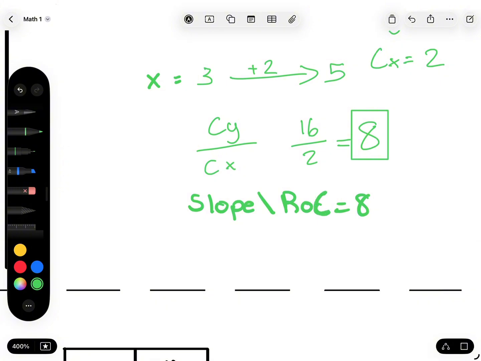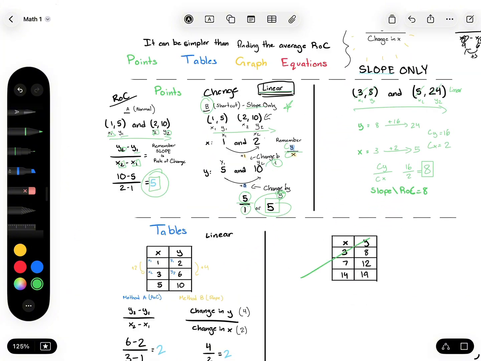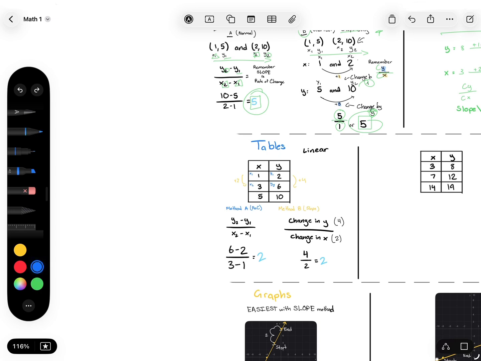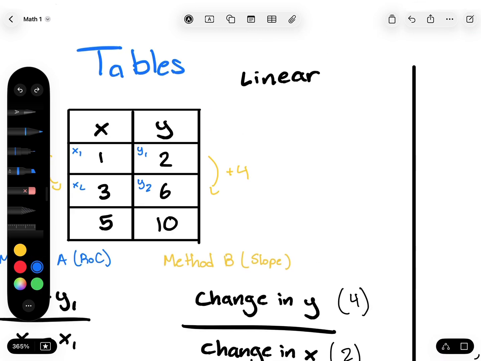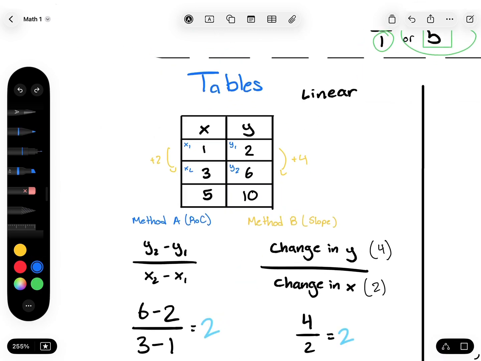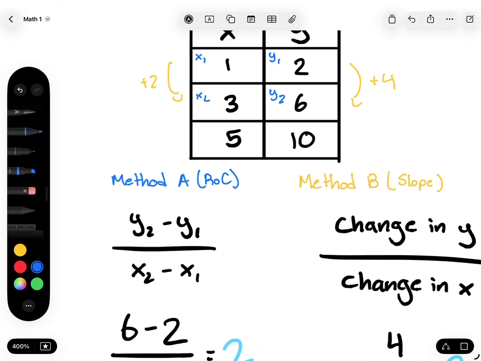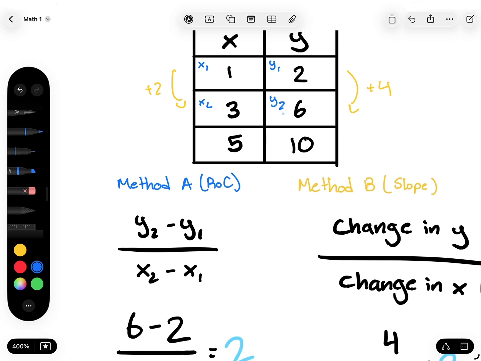Hopefully that made sense. Now we'll move on to tables. Again, since this is a linear video, we're going with the assumption that the table shows linear plot points. So these are values that are found on a linear graph. Method A, which we are used to, is where we have to identify x1, y1, x2, and y2, 4 different values.